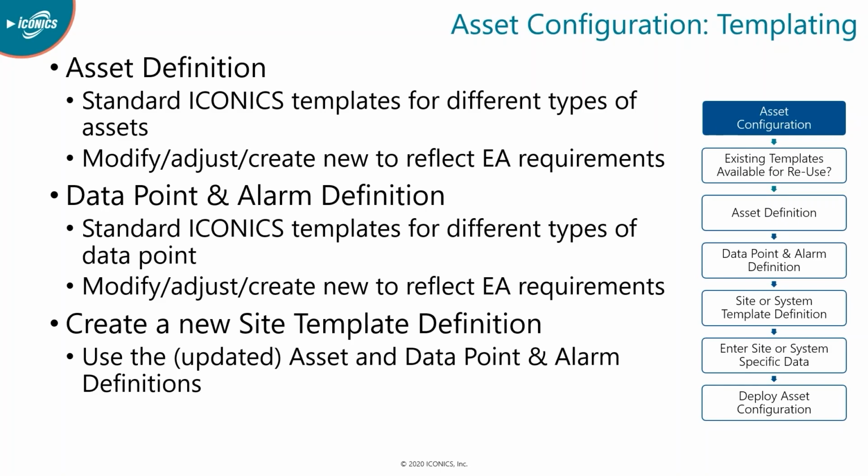But just from a PowerPoint point of view, we would normally define different types of assets. That could be an asset for a site of type 1 or type 2, or if you have a distribution center, you may have different asset definitions for conveyor 1, conveyor 2, conveyor 3, or if you have a chemical plant, it may be for different kinds of equipment like mixing vessels, or things for boiling, etc. Each of these asset definitions will have some data point definitions or alarm definitions that could include the live data, historical data, and the alarm data as well.